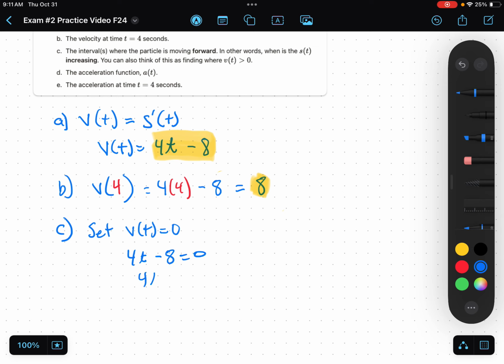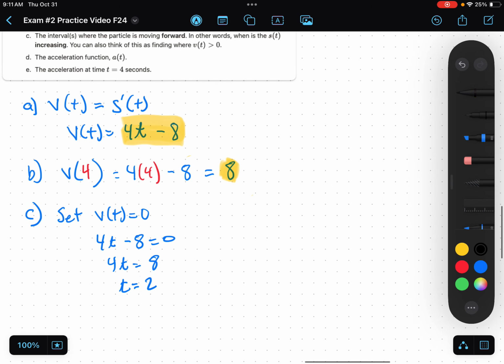That means 4t equals 8, and then what? t equals 2. So my point where this particle stops is at time 2 seconds. It's moving, and then it has a 0 velocity at time t equals 2, so it stops. Everywhere else, this thing's moving. If it stopped anywhere else, we would have had another number here, but we only have one number.